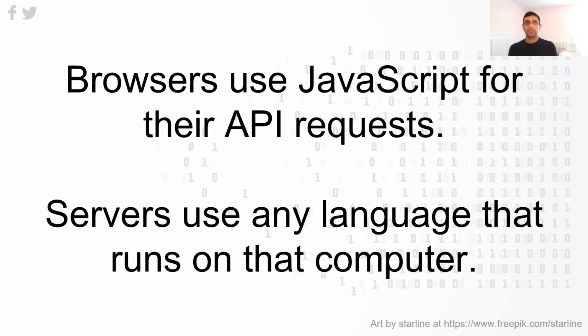Now on the front end side, browsers obviously use JavaScript for making interactions with different APIs. So quite often you're going to see JavaScript, or maybe React. I personally use a lot of React, but you're going to see different variants of it, like Angular or Ruby on Rails.